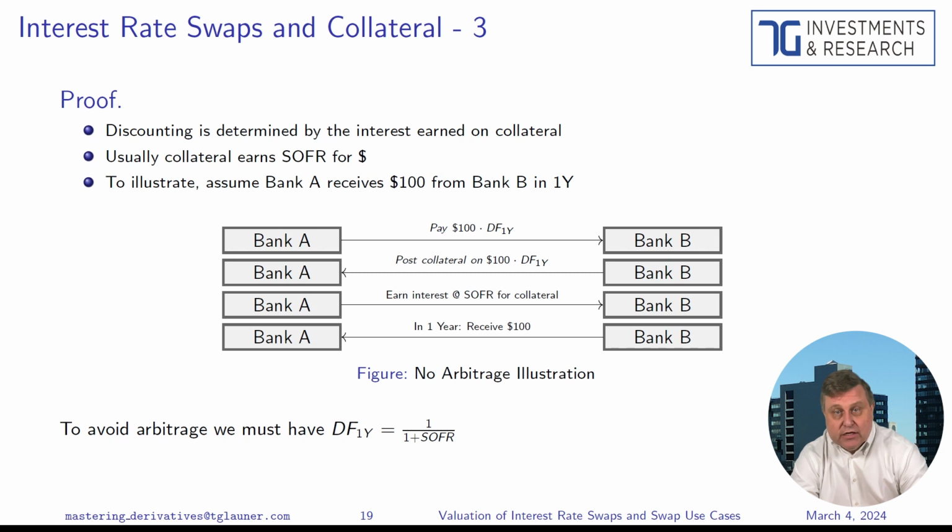When I tried it, it accurately provided the arbitrage scenario, how to profit if the discount factor would differ from 1 over 1 plus SOFR. I'll leave this as an exercise for you because I want you to ponder over it. If you find yourself unable to determine how the arbitrage would function, feel free to send me a message and I will clarify it for you.